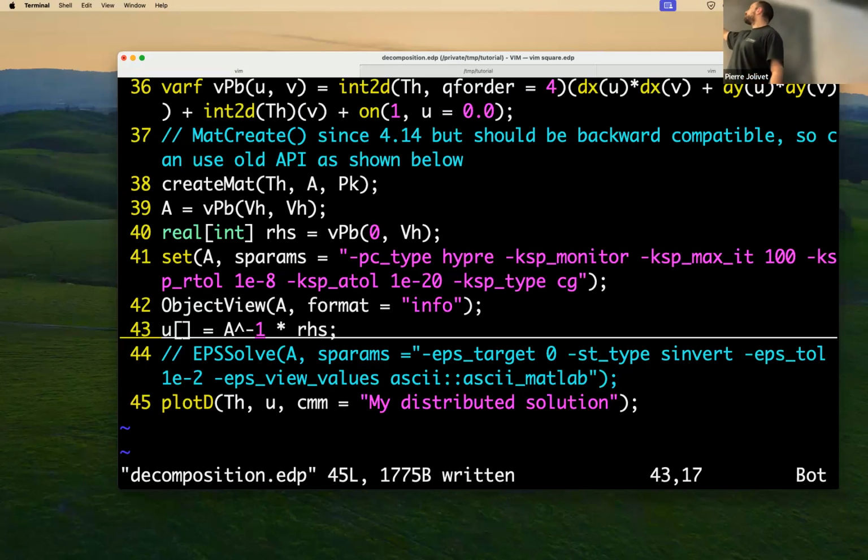But when we look for the smallest lambda, it's usually difficult. And so there are ways to overcome this numerical difficulty by instead using a so-called spectral transformation.